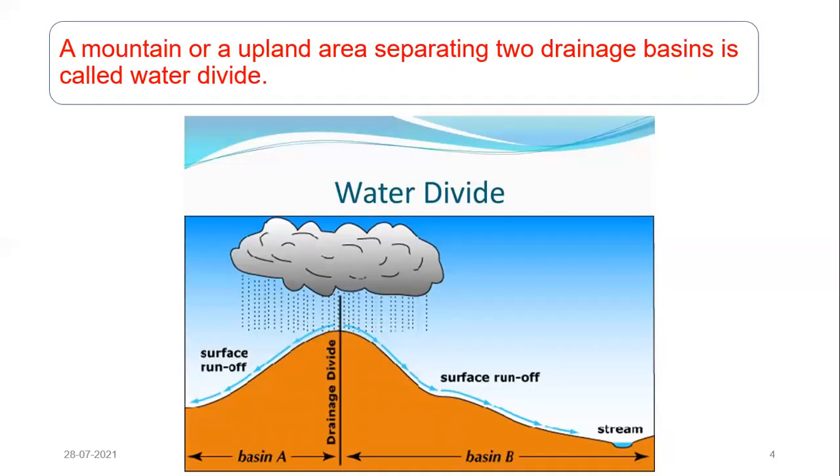A mountain or an upland area which is separating two drainage basins is called a water divide. Any elevated area like a mountain or an upland separates two drainage basins. This upland is called a water divide.